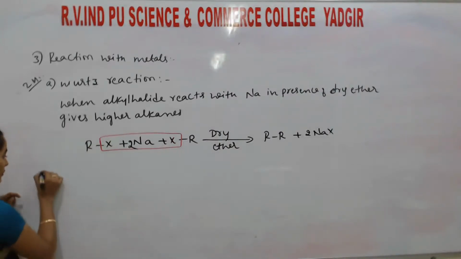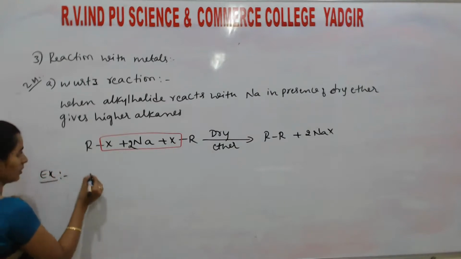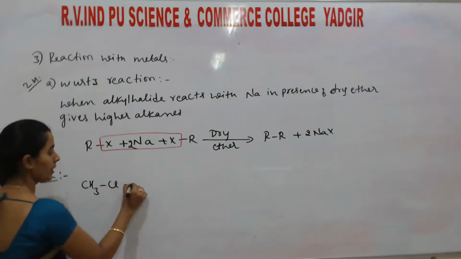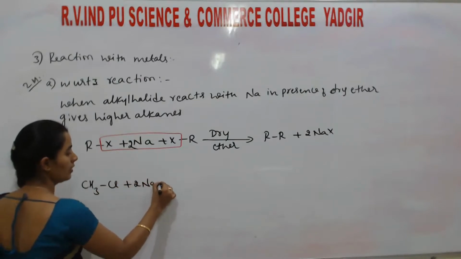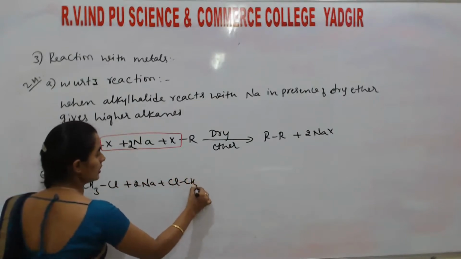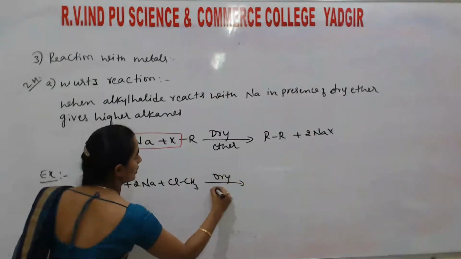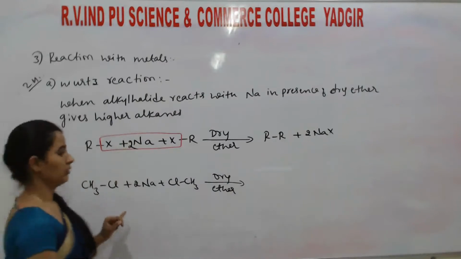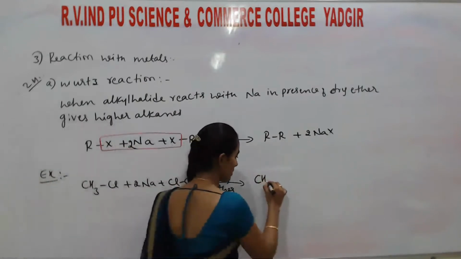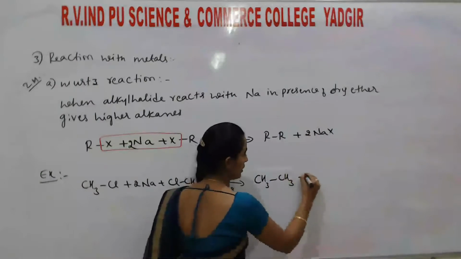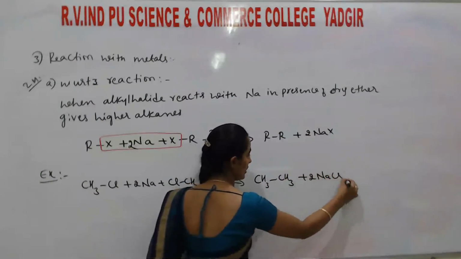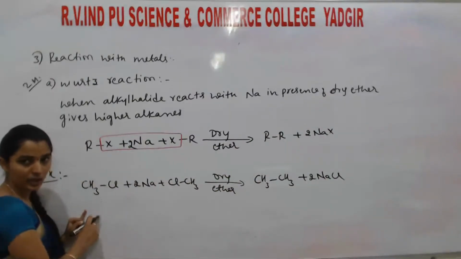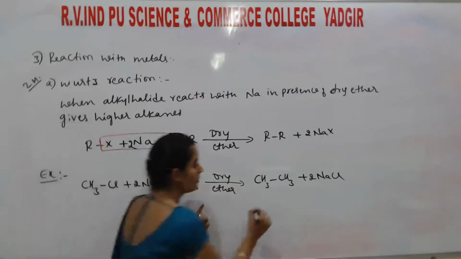Okay, so if you want to take an example, take CH3Cl plus 2Na plus ClCH3 in presence of dry ether. So what is the product formed here? CH3, single bond CH3 plus 2NaCl. Here the reactant is methyl, only one carbon atom, but here it forms ethane.